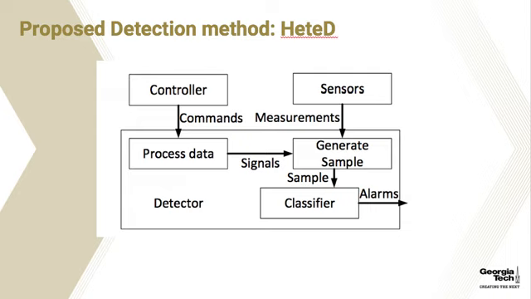In the generate sample component, the signals and measurements of the sensors are combined to obtain a detectable sample, and then it sends it to the classifier component. The classifier stage is responsible for detecting the sample and deciding whether the data is abnormal based on the machine learning technique k-nearest neighbor.